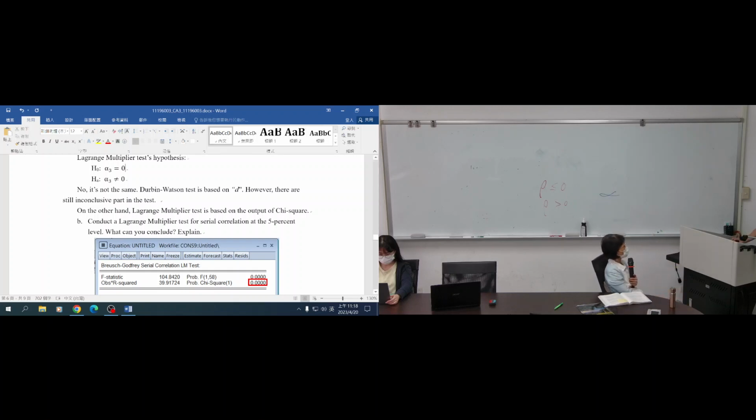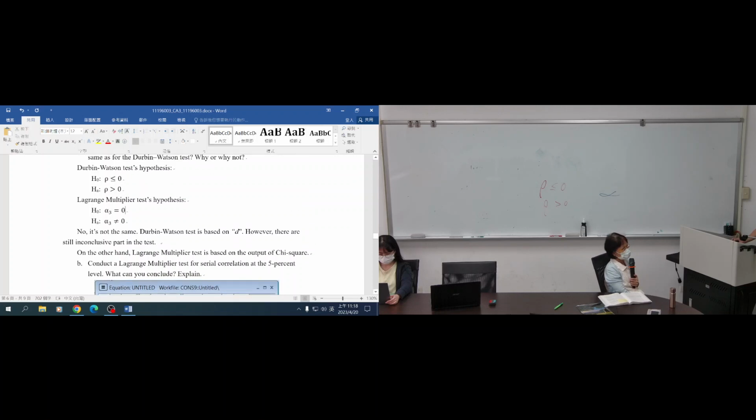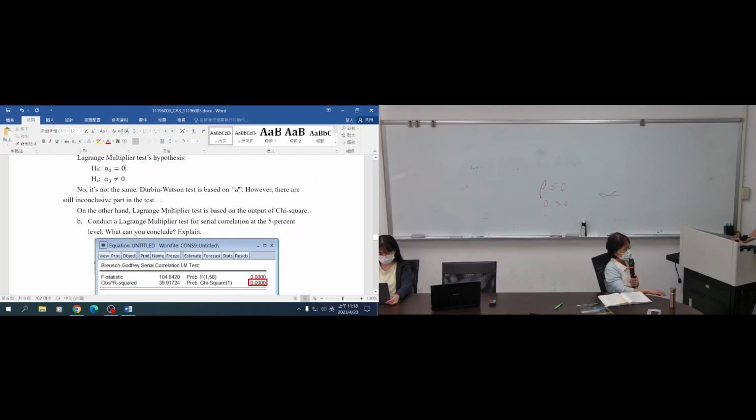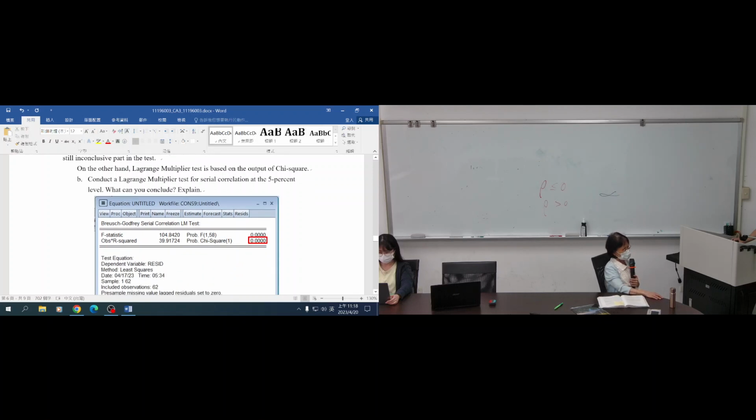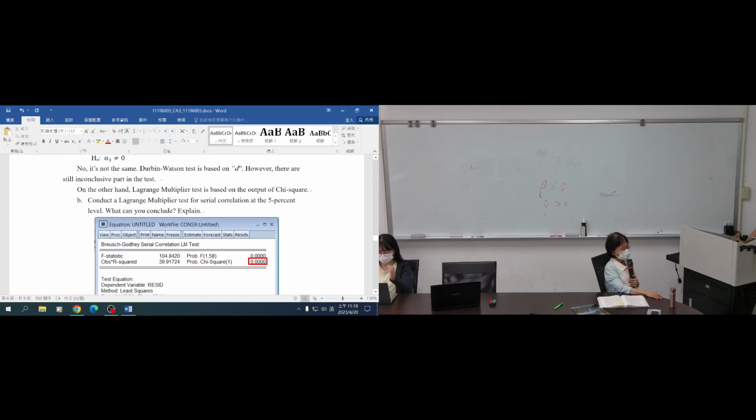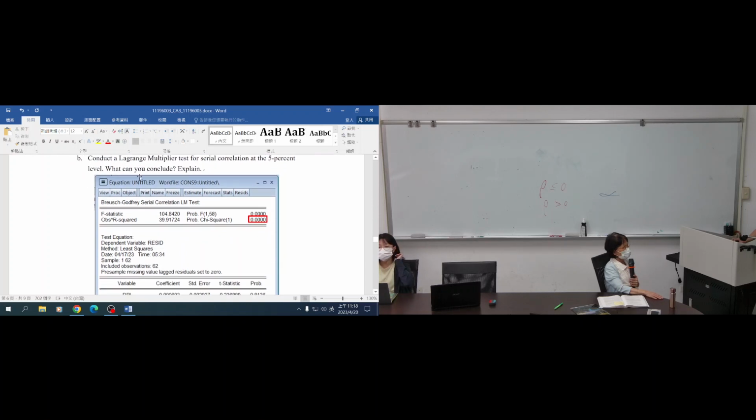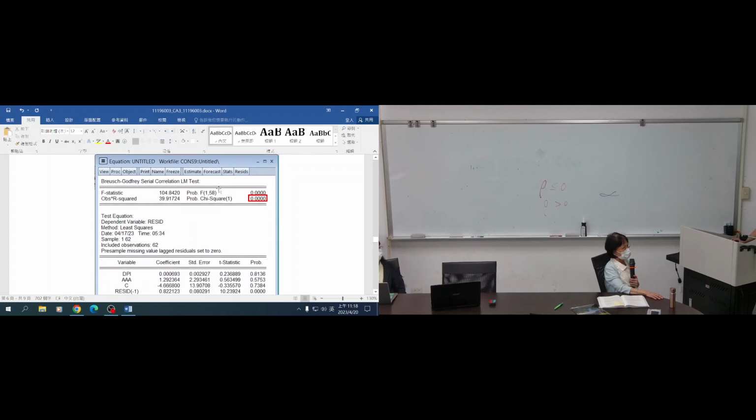So the same expression as I just told you before. The LM test output is based on the chi-square. So part B, conduct an LM test at 5%. The result is very close to 0.